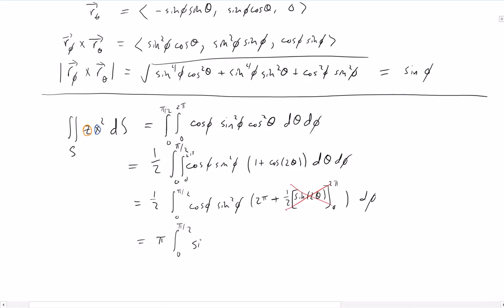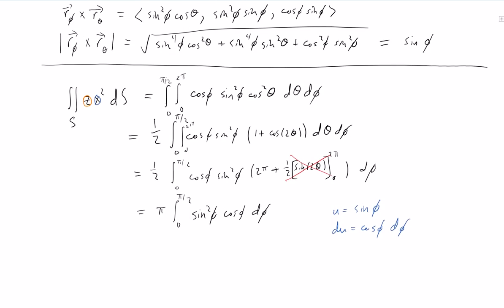And now we're integrating sine squared of phi times cosine of phi. And here we can do a nice little substitution. u is sine phi, and du is cosine phi d phi. So this just becomes the integral of u squared.